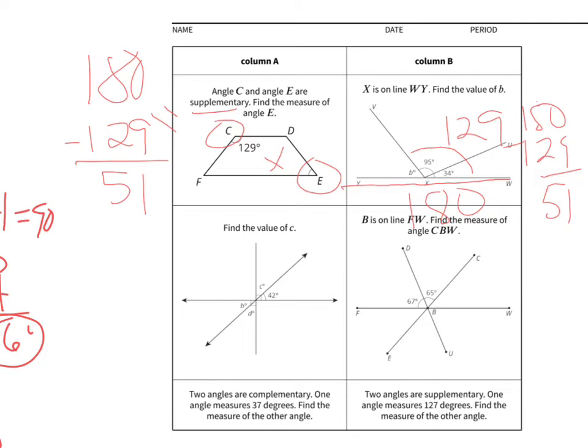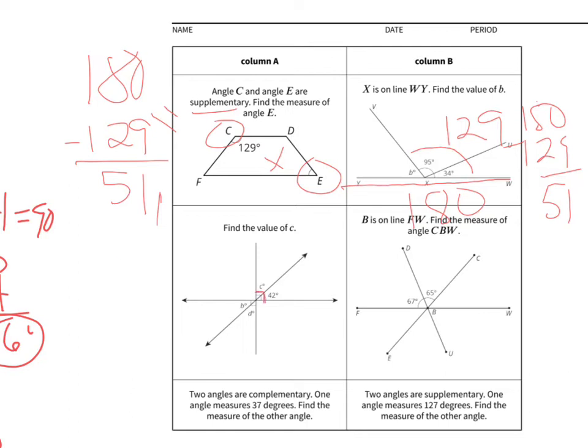Okay, so it says find the value of C. So we have three angles here. Let me zoom in a little bit on this. There we go. So find the value of C. Well, we know if we look here in the corner, we got this right angle.